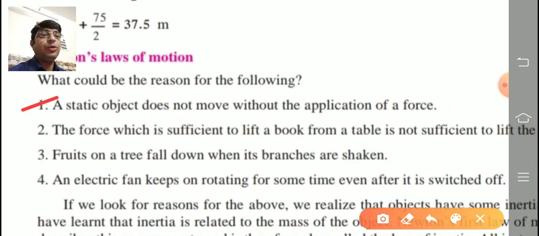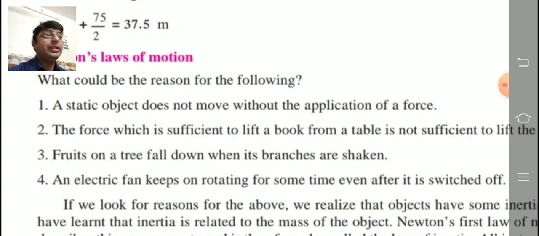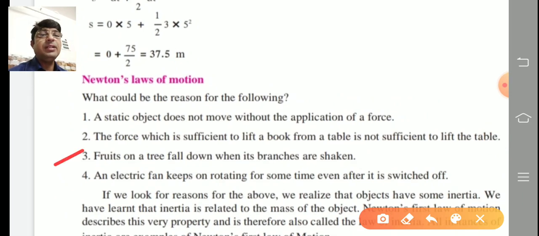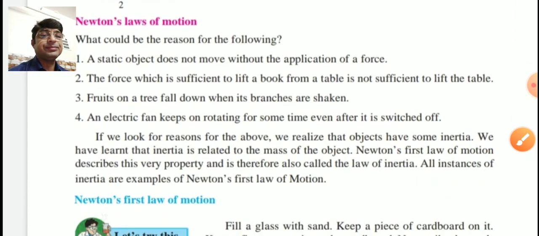Second, the force which is sufficient to lift a book from a table is not sufficient to lift the what? Check there, the table. Third example, fruits on a tree fall down when its branches are shaken. And fourth example, an electric fan keeps on rotating for some time even after it is switched off.